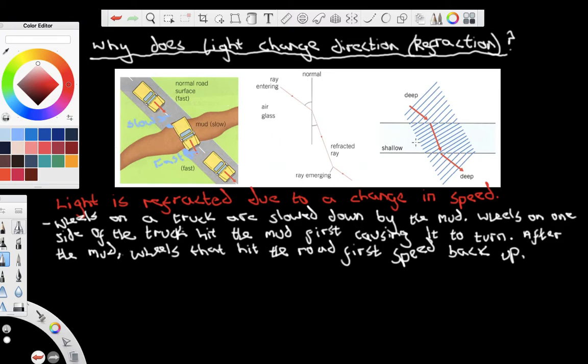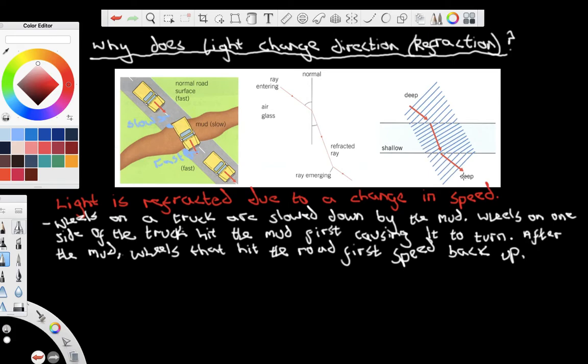Now, as light travels through a glass block, the same thing happens. The light slows down as it goes into the glass block and it bends inwards, and then when it leaves the glass block, it bends back out. So we've got these light rays hitting the glass block, being slowed down and bending, and then speeding back up as they leave.